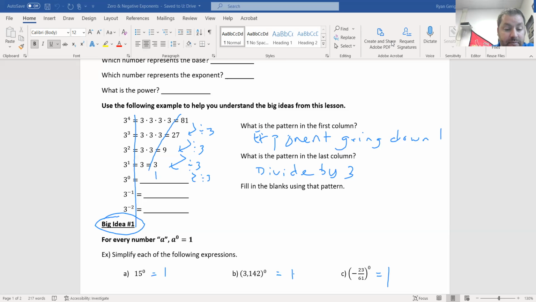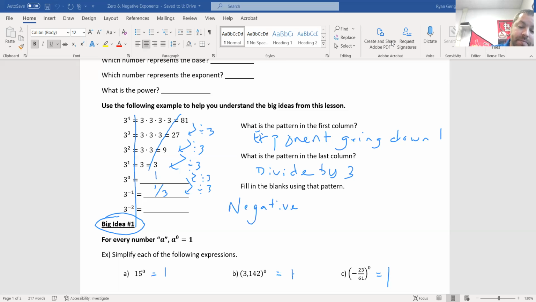Next idea is continue the pattern. Back up to the pattern up here. 1 divided by 3. 1 divided by 3 is 0.3 repeating, right? Let's leave it as a fraction though. 1 divided by 3. Notice a negative exponent is not a negative number. I'll write that down.